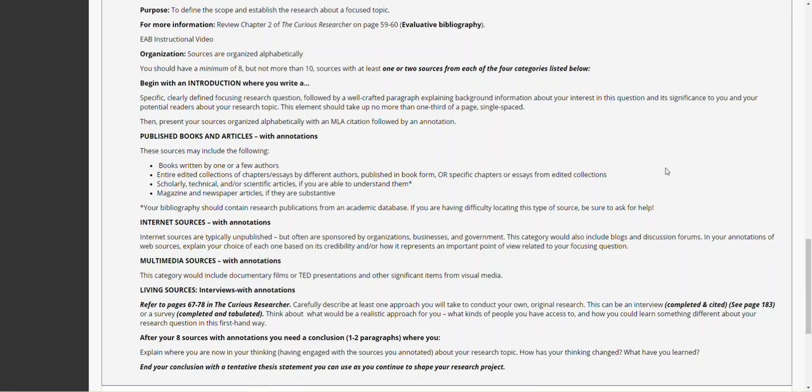Also, you must have a try at scholarly, technical, and/or scientific articles, depending upon your topic, if you're able to understand them. That's important, right? Magazine and newspaper articles, if they are substantive. You can use the library databases. Yes, you can use the library databases to find articles from the New York Times, the Washington Post, the Chicago Tribune.